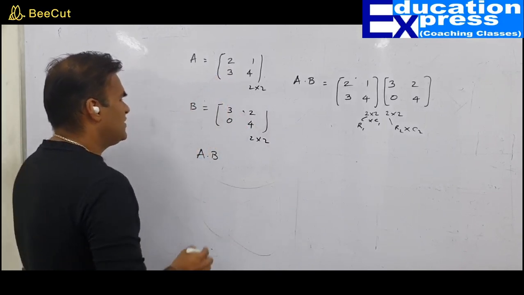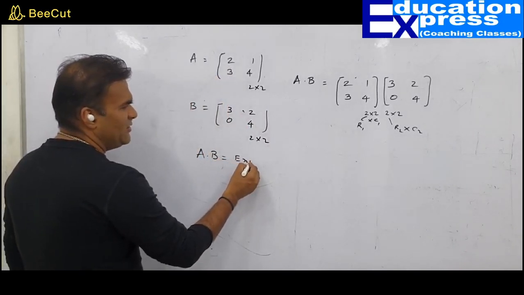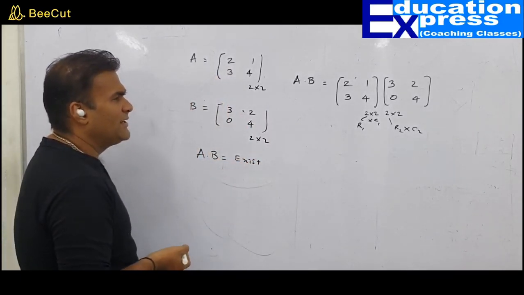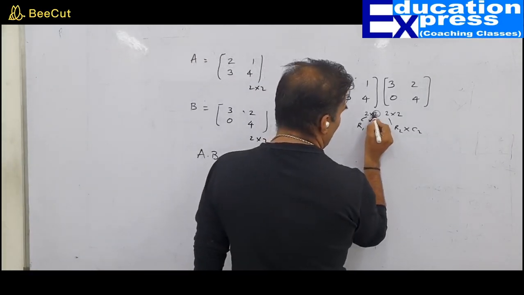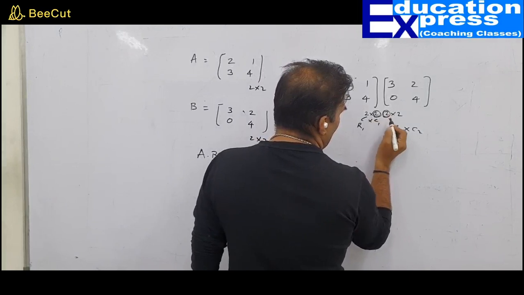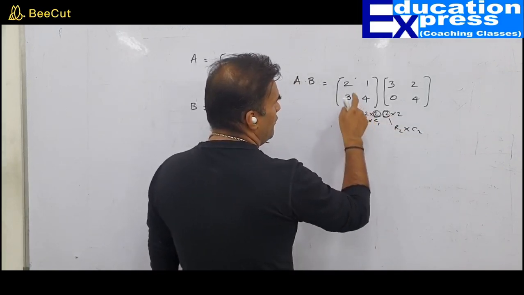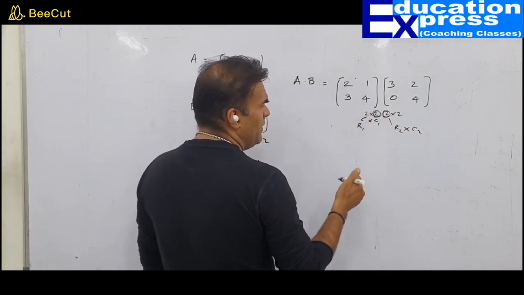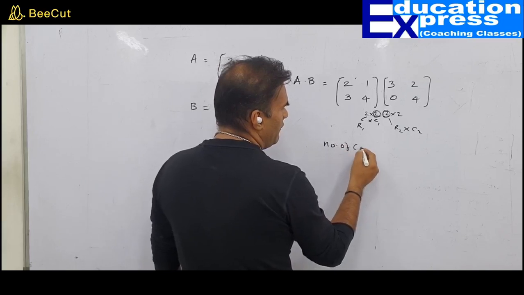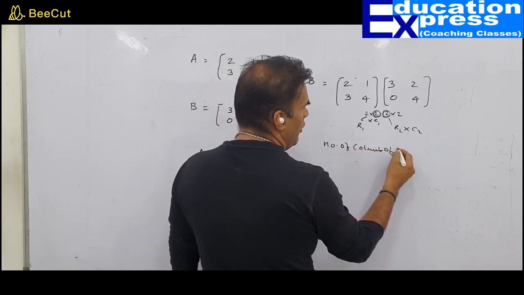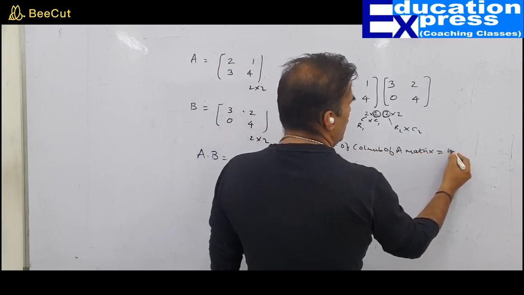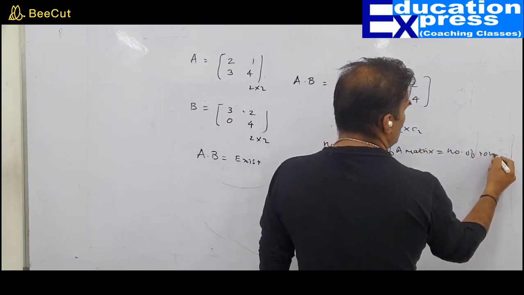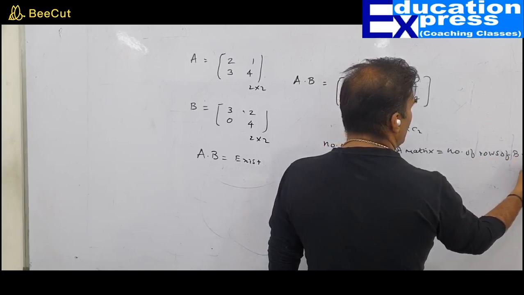For AB to exist, it will exist if and only if these two numbers are the same. That means the number of columns of matrix A should be equal to the number of rows of matrix B.